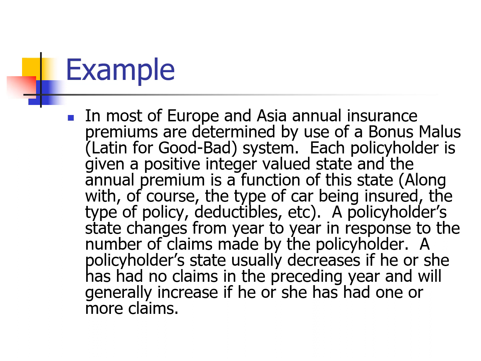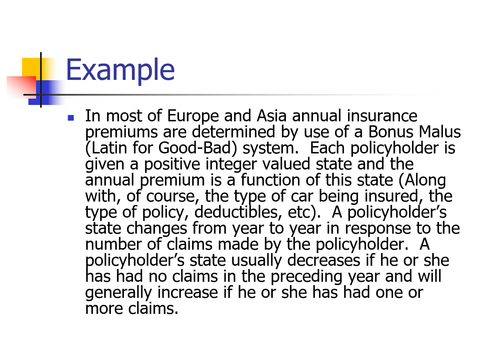So here's a slightly more interesting example, although as we can see, it's a lot of words. In most of Europe and Asia, annual insurance premiums, so how much you pay a year for your insurance, say car insurance, use what's called a bonus malus system.